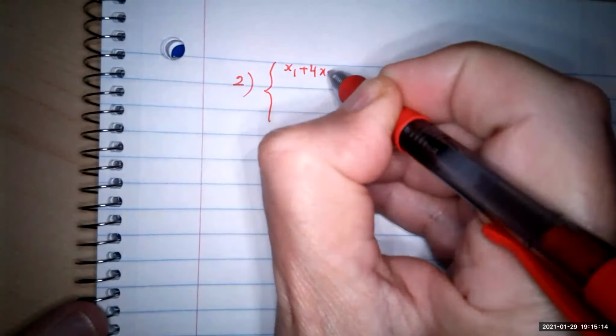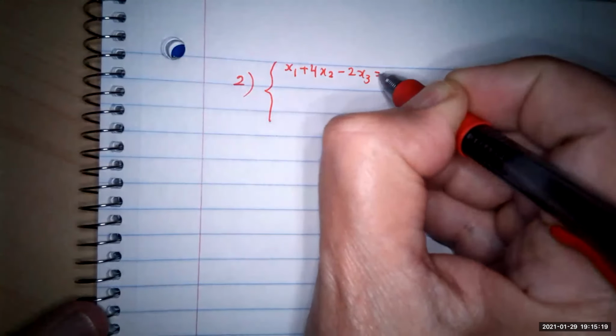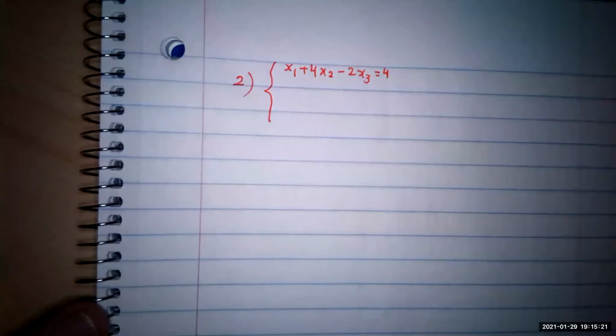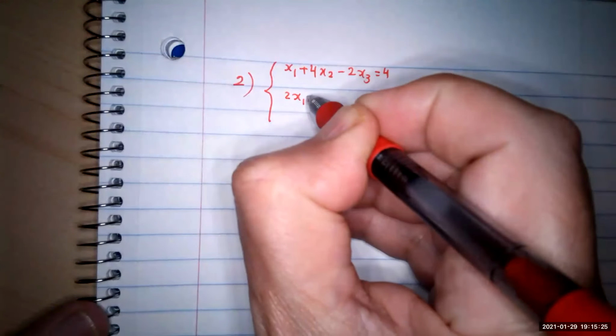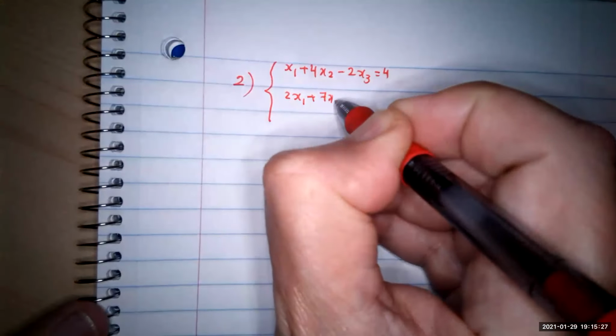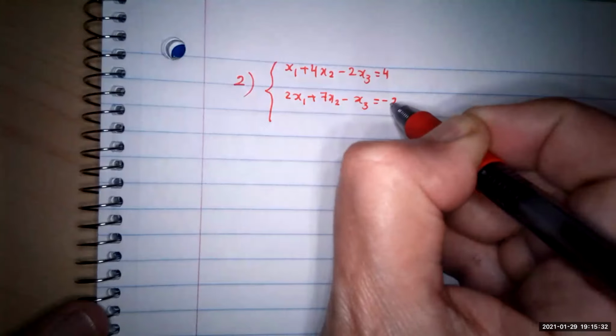The system is x1 plus 4x2 minus 2x3 equal to 4. The second one is 2x1 plus 7x2 minus x3 equal to negative 2.